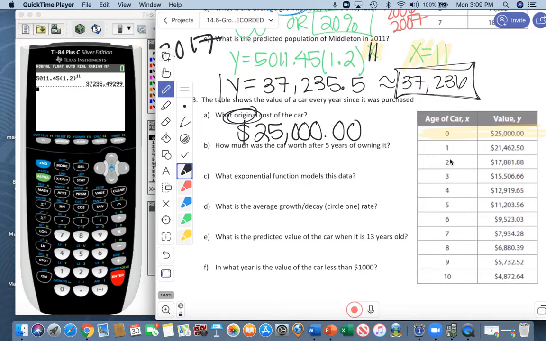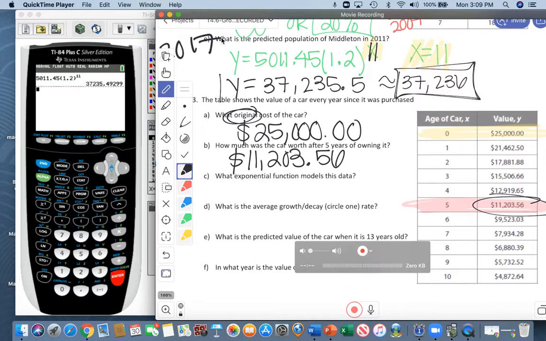How much was the car worth after 5 years of owning it? So I'm going to go down until I see year 5. There's year 5, and it's worth $11,203.56.